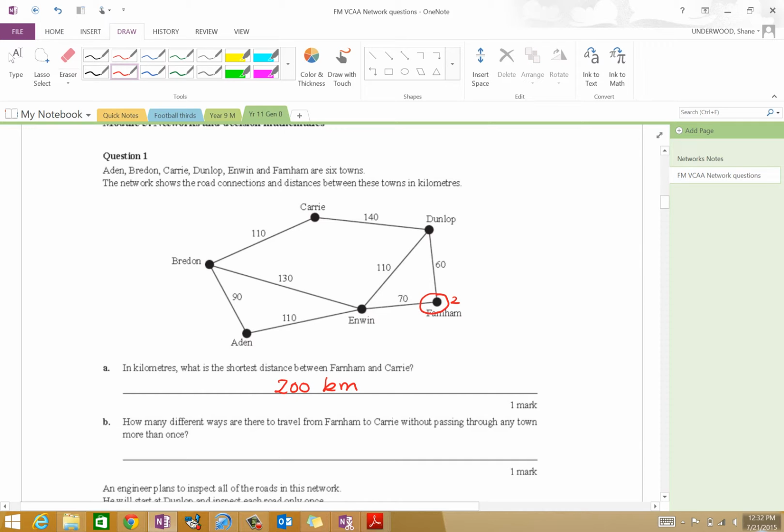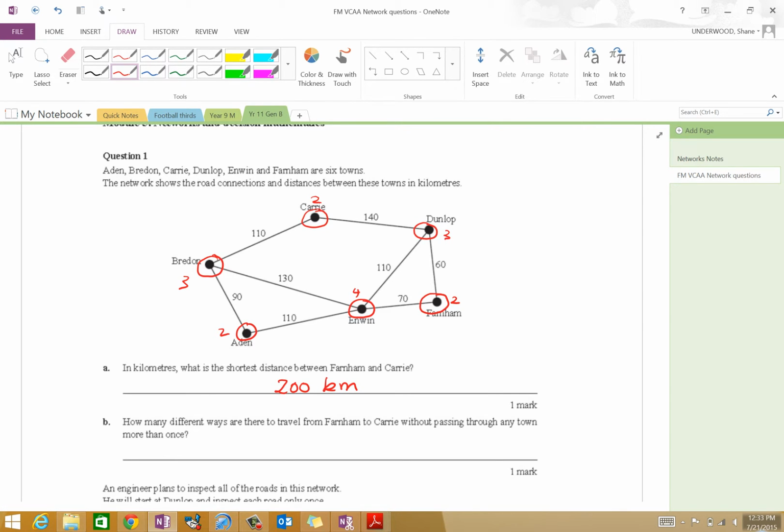That's of degree 1, 2, 3, 4. That's of degree 2. That's of degree 3. That's of degree 2. And that's of degree 3.